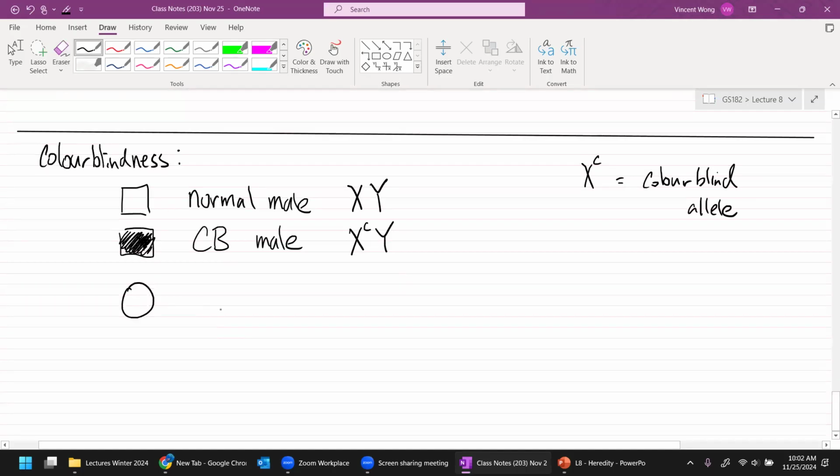Okay, how about this? Who's this? Does she have color blindness? Normal, right? Normal female. What's her genotype? Any C on top? No. And this?